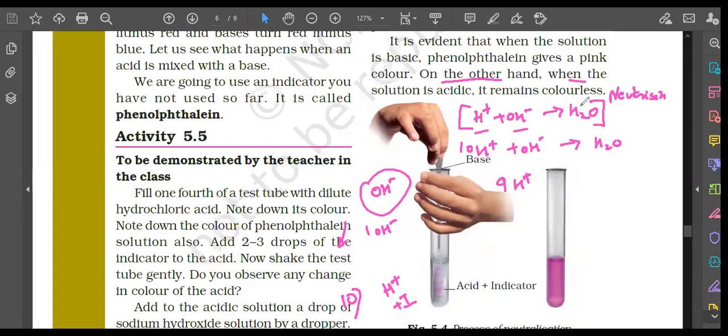Then how many samosas can you eat? One only. And how many samosas will be left? 9 samosas. Easy to understand, right?